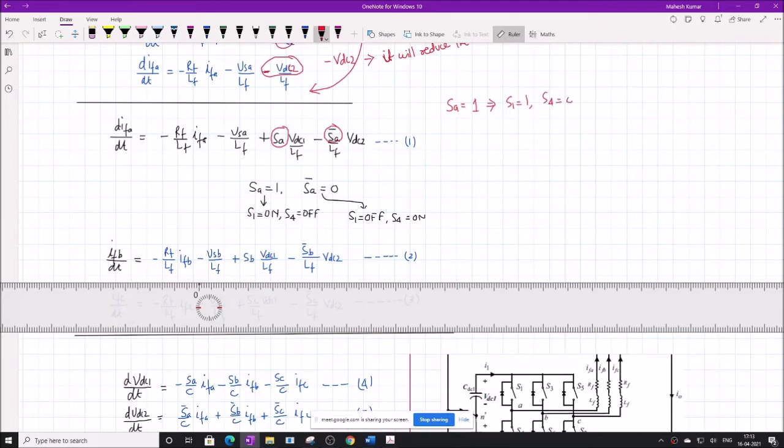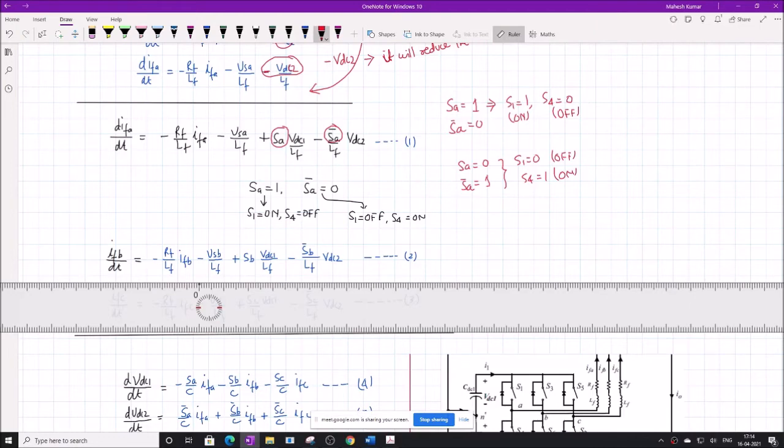Bottom switch is off, or the top switch is on, the bottom switch is off. And SA bar is equal to 0 because they are in complementary mode. Similarly, when SA is equal to 0, SA bar equal to 1, and this implies that S1 is equal to 0, means it is off, and S4 is equal to 1, means this is on.